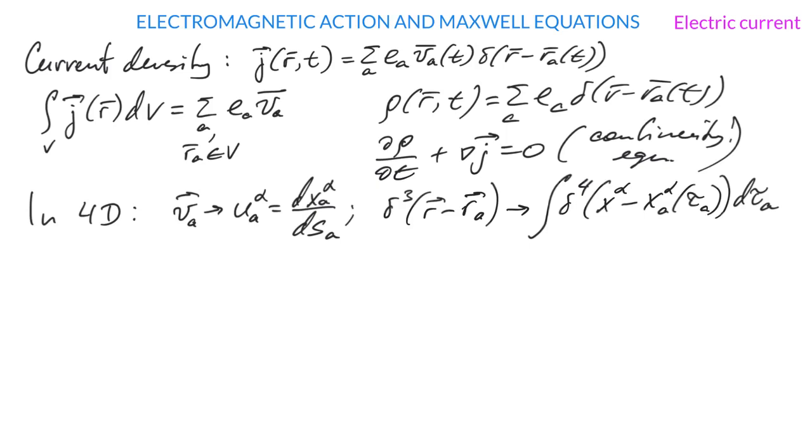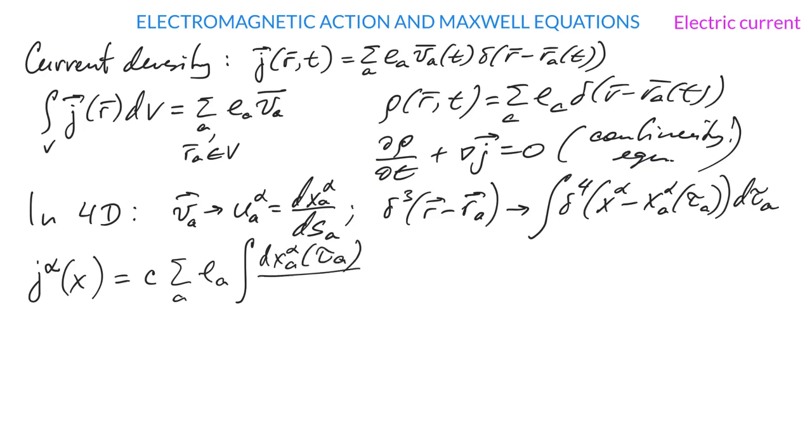I'm going to write the expression for a 4-current. It depends on the coordinate x. I'm going to drop the index, so it's J with the contravariant index alpha. I'm going to put the speed of light in front and write the integral of dx_a^alpha of tau_a.